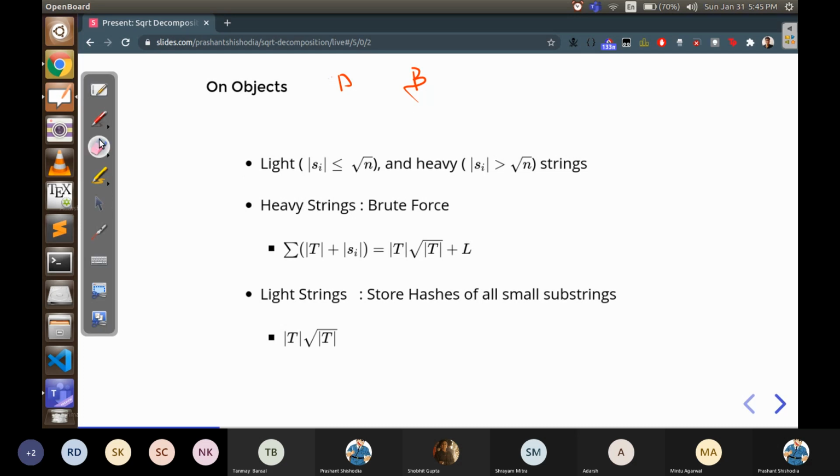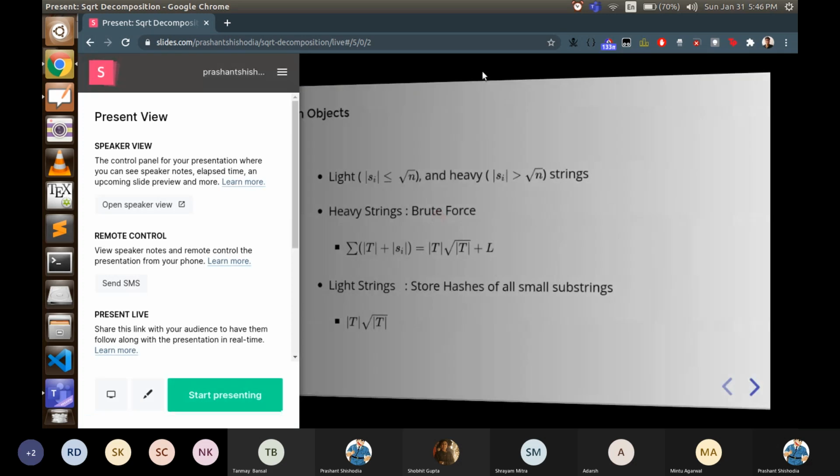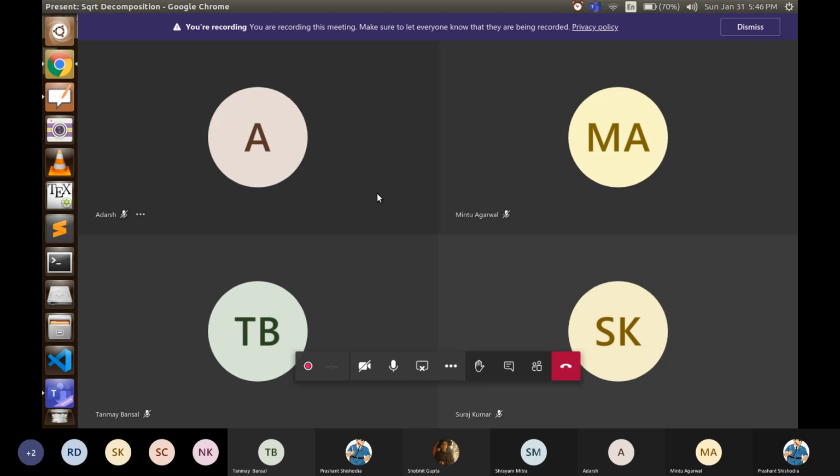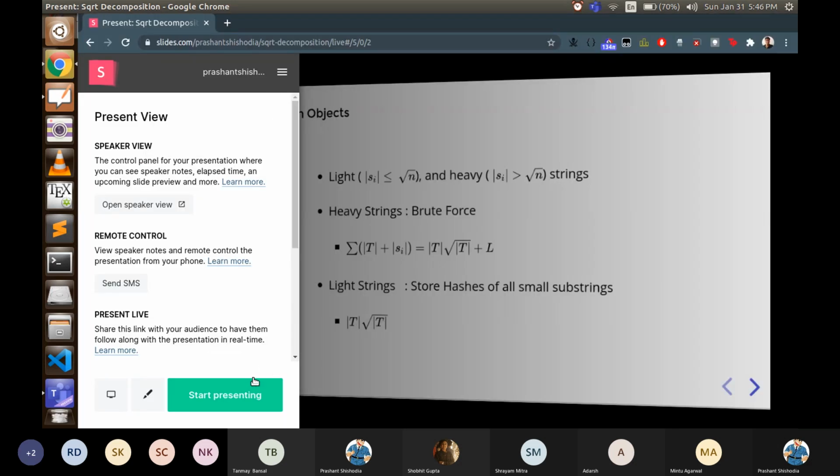Just give me a minute. What's happening? Is this a problem? Is it with the stars? That's the problem with this dialog.